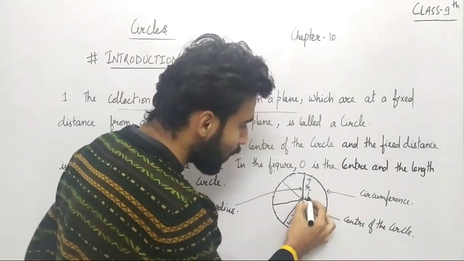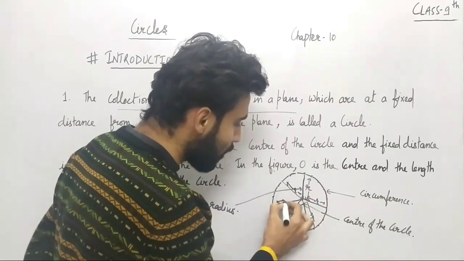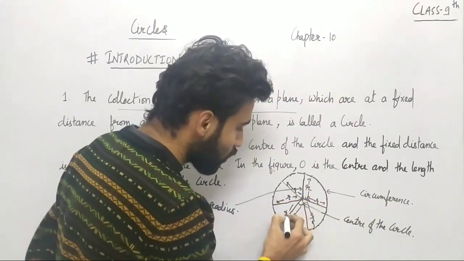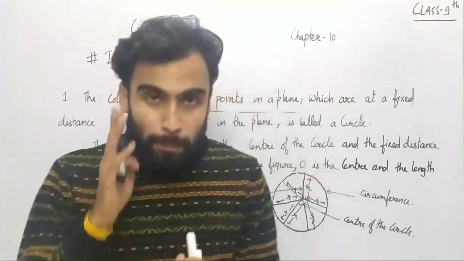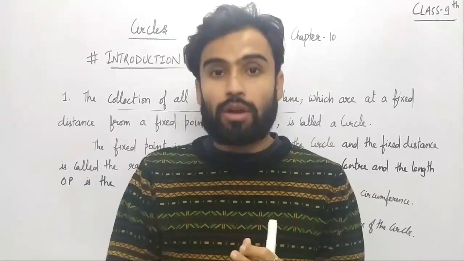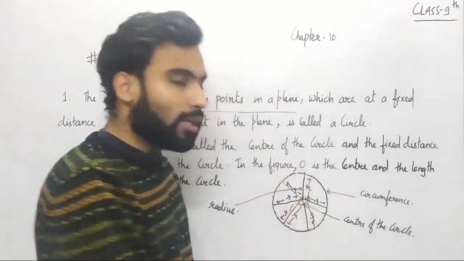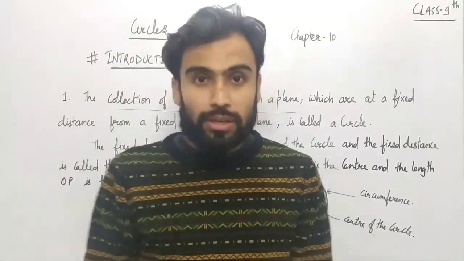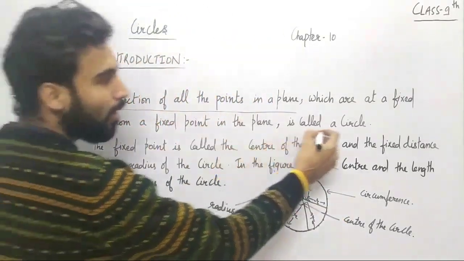So they are going to be the same length. Now you understand: the distance of a point lying on the circumference of the circle from a fixed point at the center is known as the radius, right? Let me just recall the circle here. So what will be the definition of the circle?